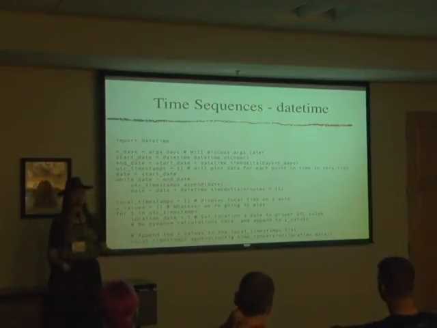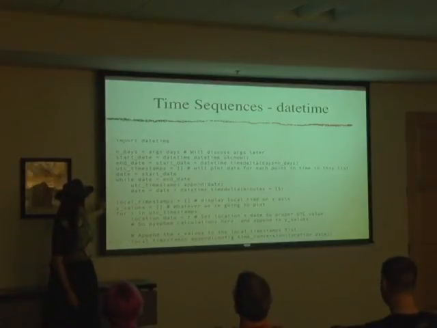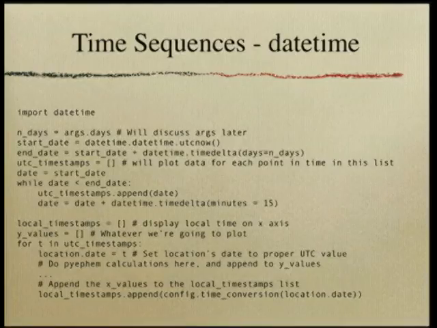So now I need some Y values, because if I'm going to plot something, I need something to plot. I'm also making local timestamps because I don't want to deal with the ones in UTC because my plot will be weird. And then the Y values, and then you just loop over all your timestamps, and you set your location's date, location.date, that's your PyEphem location. You just set the date to your datetime object, it works just fine.